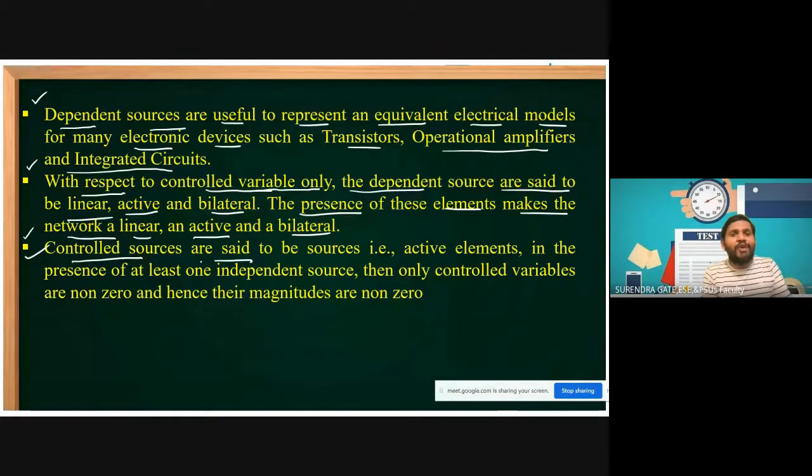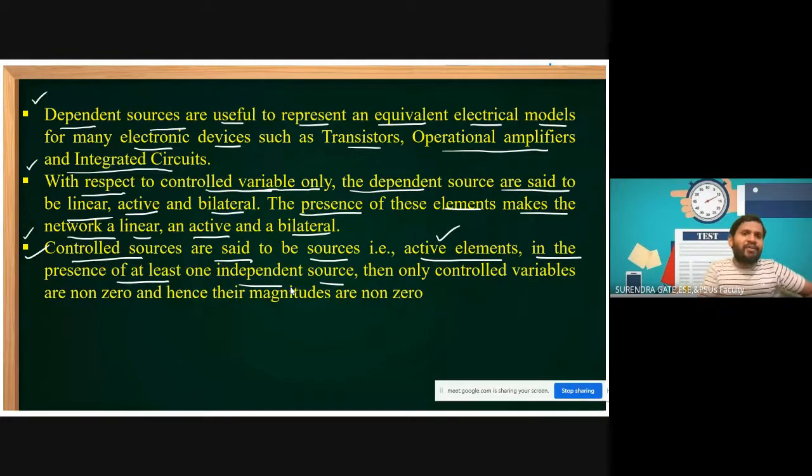The controlled sources are said to be sources, that is, active elements. Source is nothing but an active element. In the presence of at least one independent source, which is very important during solving of the problems also, that I will explain.